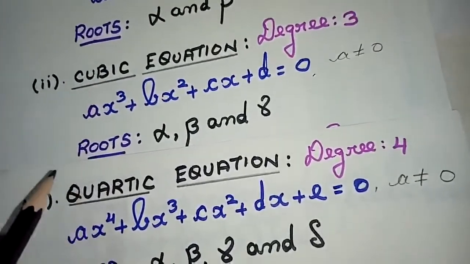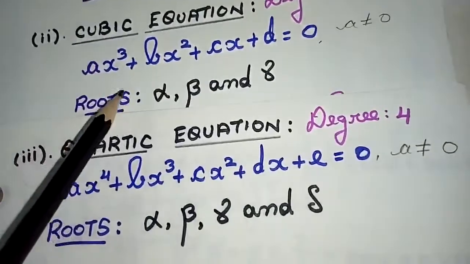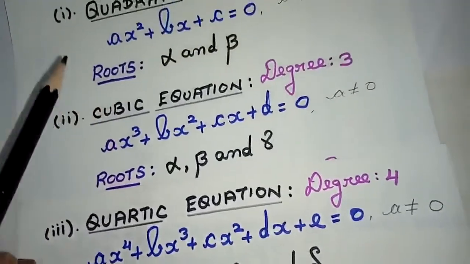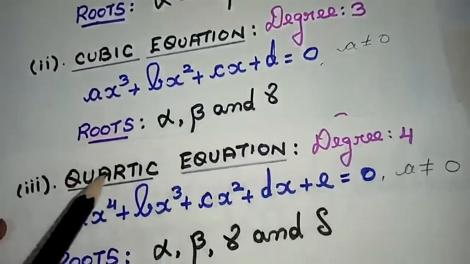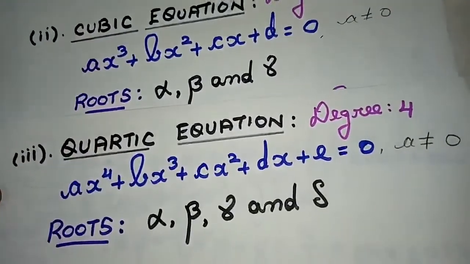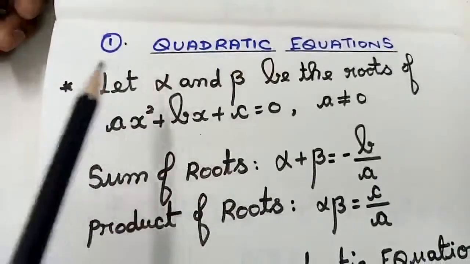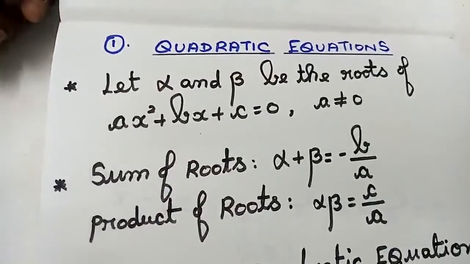Now we are going to solve sums based on this concept, and before that we are going to see the derivations, that is how we are going to apply it for quadratic, cubic and quartic equations, students. For the quadratic equation, I am going to have three concepts.